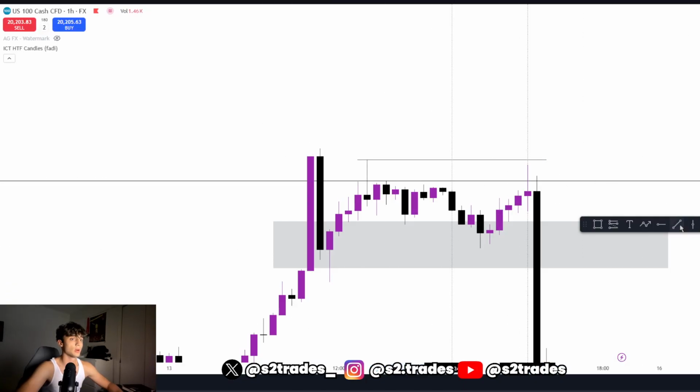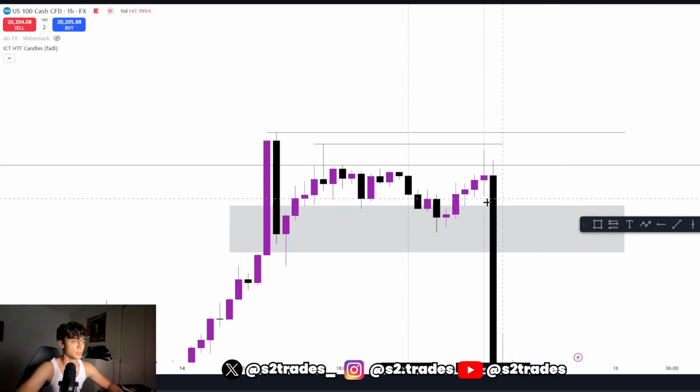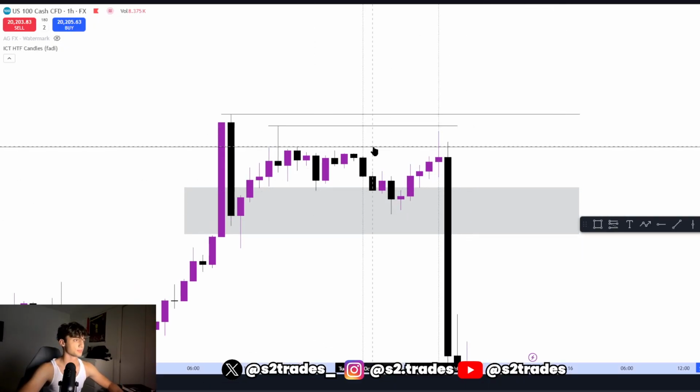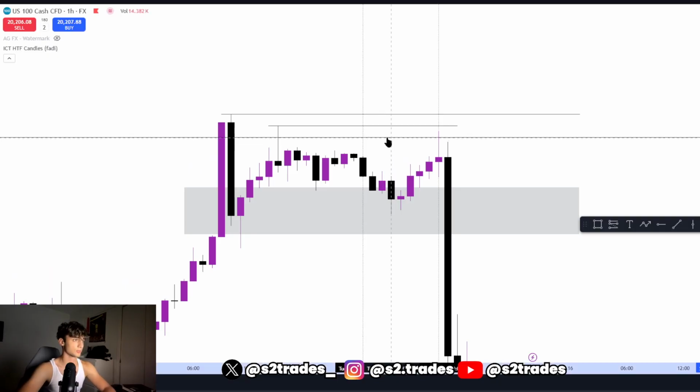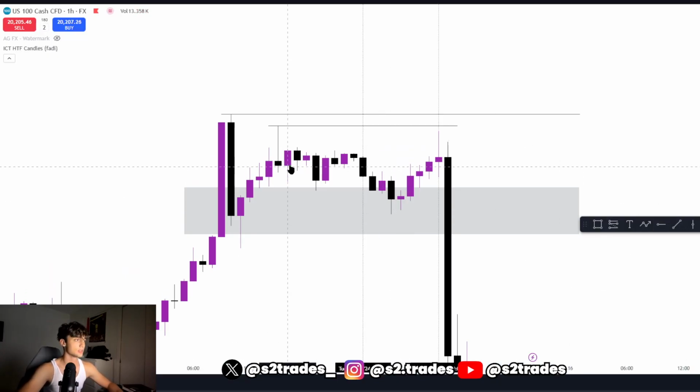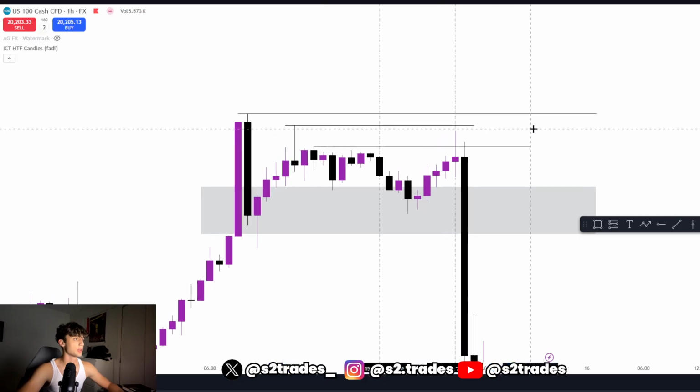So what I was assuming is that price would have gone up a bit, because again we were in a 4 hour fair value gap. I thought the price would have gone up and then swept a high, right? Technically you could say it did sweep this high, but I'll show you why I didn't enter.